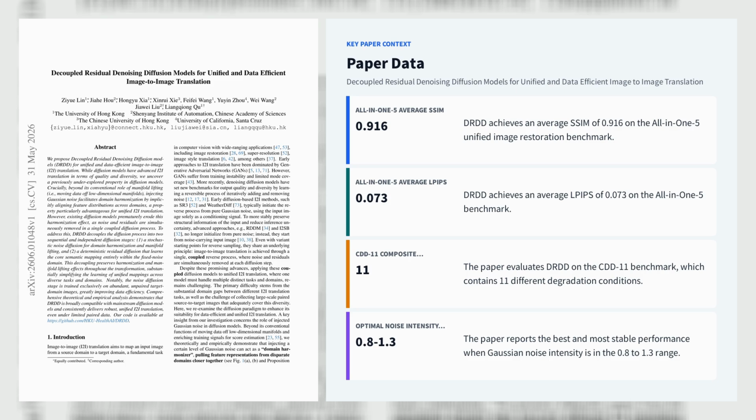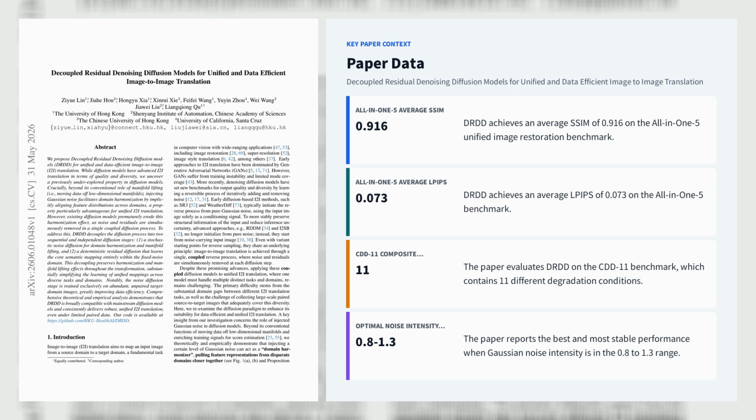Across All-in-One 1.5, CDD 1.1, and a new multi-domain denoising benchmark called MNMD, DRDD is consistently state-of-the-art or competitive. On All-in-One 1.5, it raises average SSIM to 0.916 and cuts LPIPS to 0.073, outperforming strong diffusion and non-diffusion baselines, such as DA-CLIP, DiffUIR, VLUNet, and DFPIR.